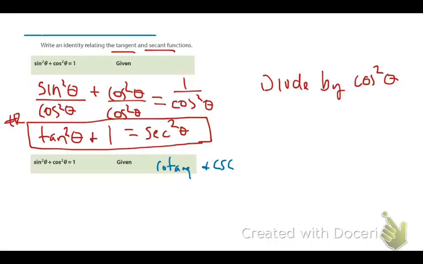I see my cosine, but what I need below it is the sine. So this time we're going to manipulate this by dividing by a what? Sine. So we're going to divide this by sine squared, because that's what we have. All right, so let's do that.